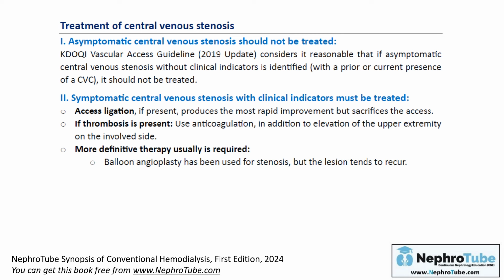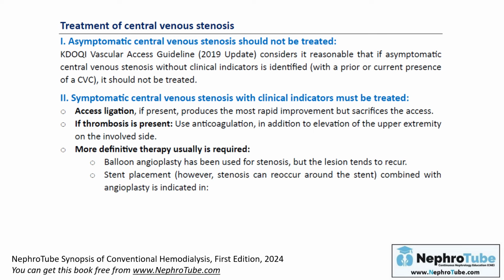But the more definitive therapy, especially if you want to save the access of the patient, is balloon angioplasty. But actually the lesion tends to return. So stent placement can be used combined with angioplasty in the following indications. However, stenosis may reoccur around the stent.